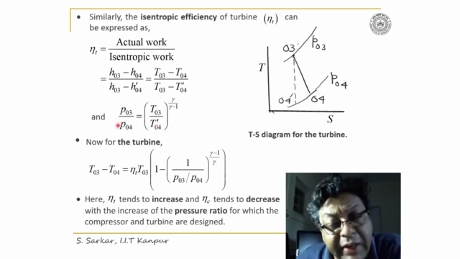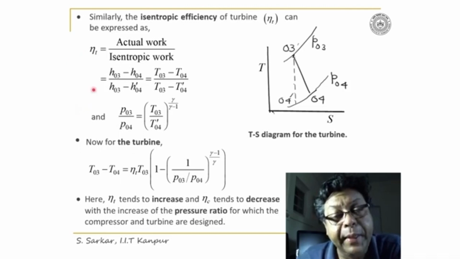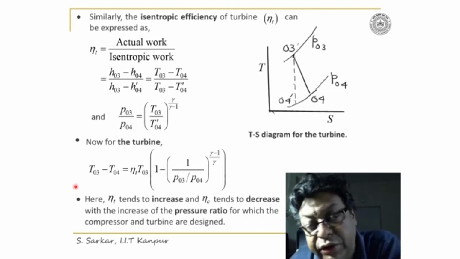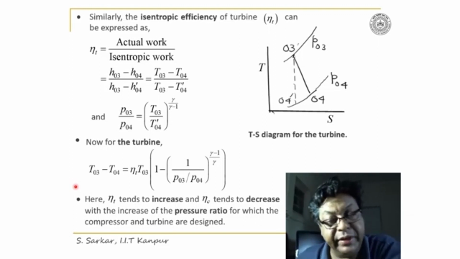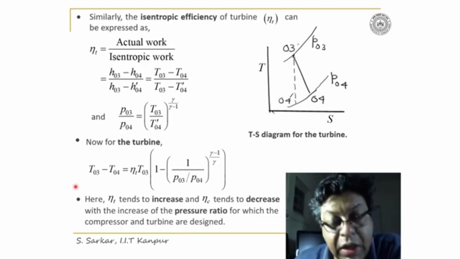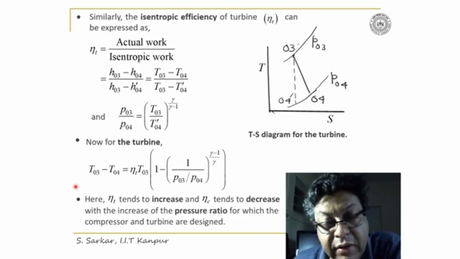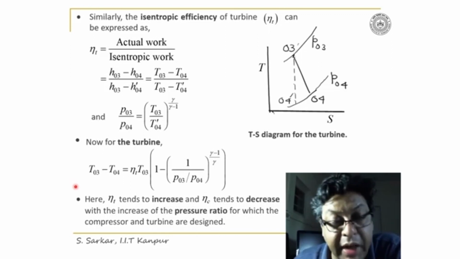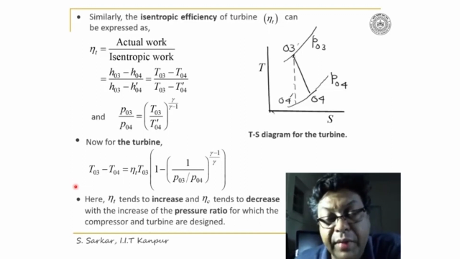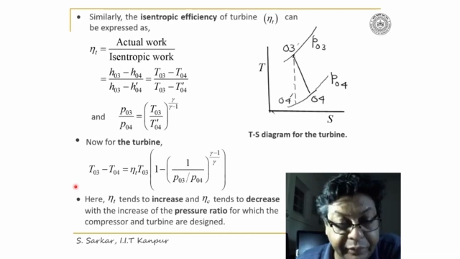Now if I combine these two relations, I'll land at the expression of T03 minus T04, that is actual temperature drop, is equal to eta T into T03 within the bracket 1 minus, again within the bracket, 1 divided by P03 by P04 to the power gamma minus 1 by gamma.